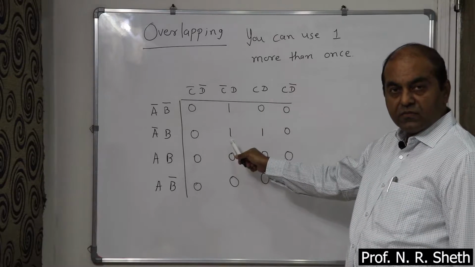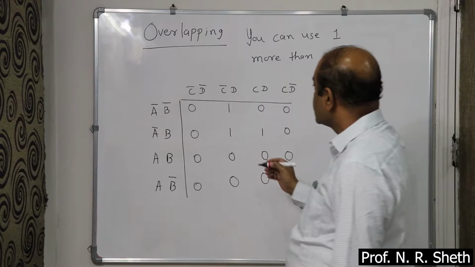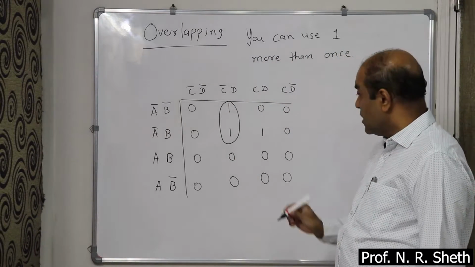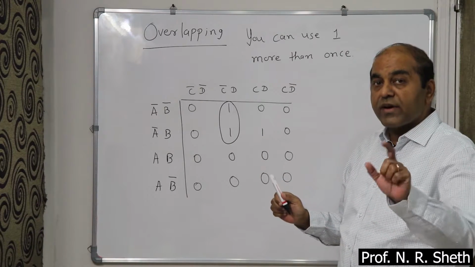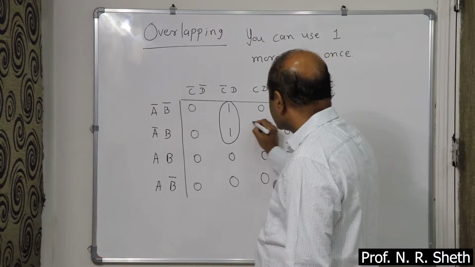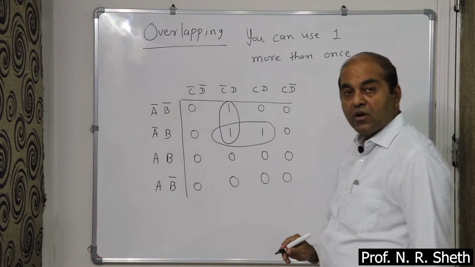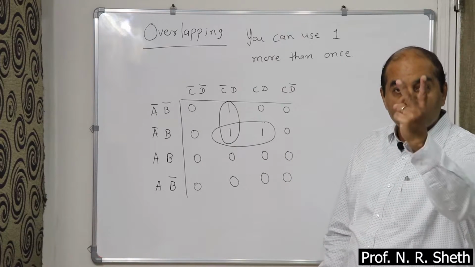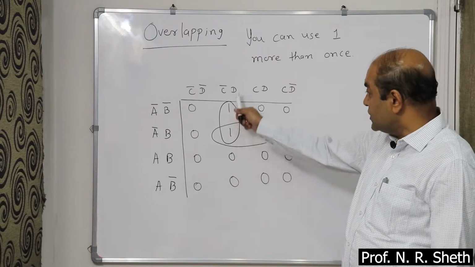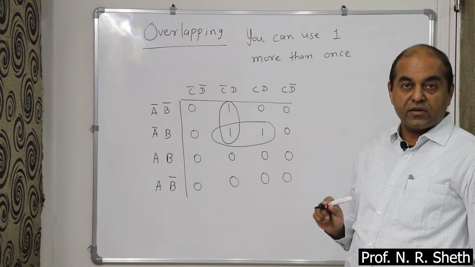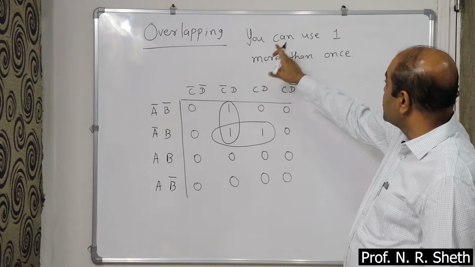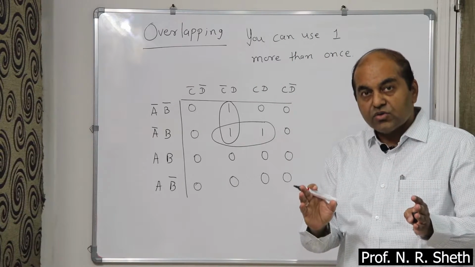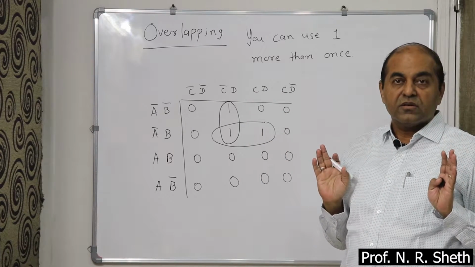This 1, 1 is a pair. This 1, 1 is also adjacent, so that is also a pair. So here you can say that this one you have used 2 times, for this pair as well as for this pair. So that is why you can say that you can use one more than once. But your goal is to prepare the largest group.